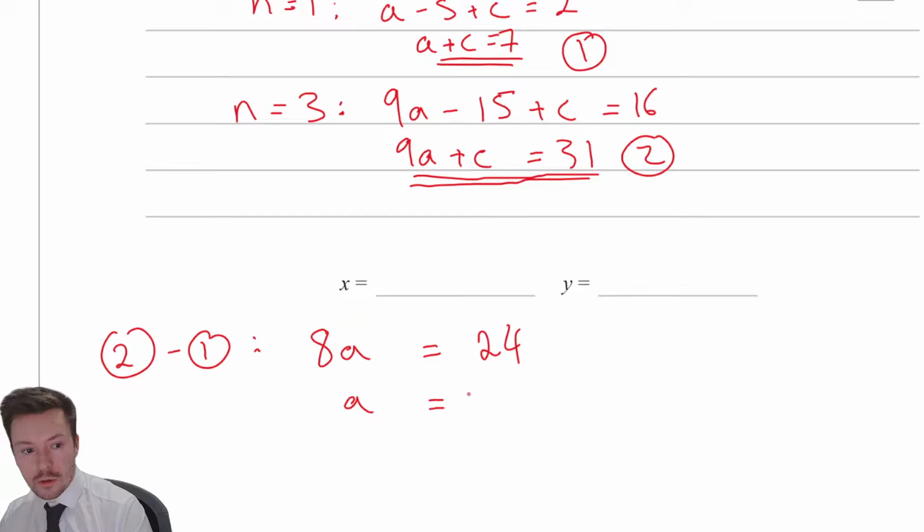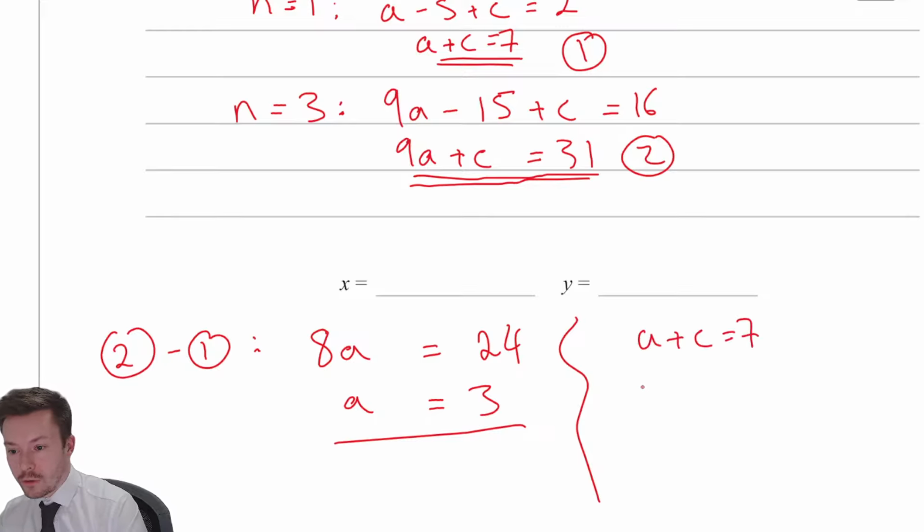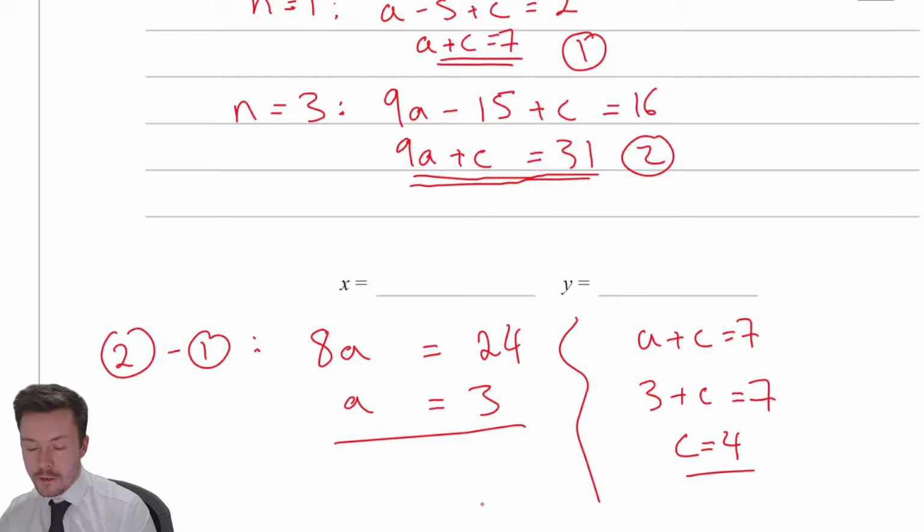So a is equal to 3. And then I'll just do the other bit over here. So if a is equal to 3, we've got a plus c equals 7. So 3 plus c is equal to 7. So we've got c is equal to 4. Okay, so let's go back up and see what the question actually wants.